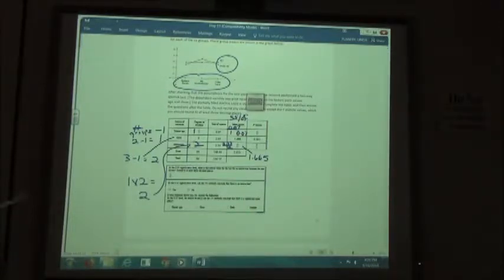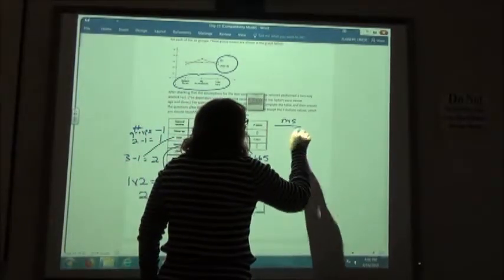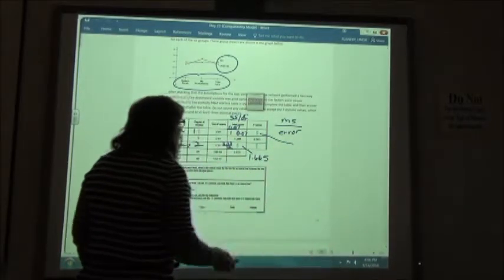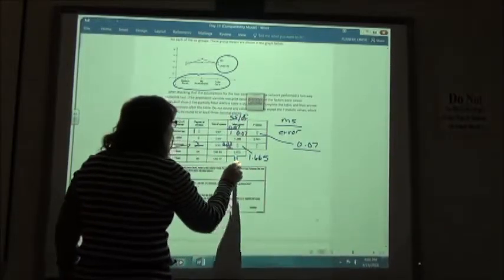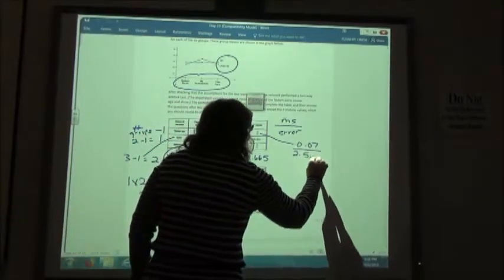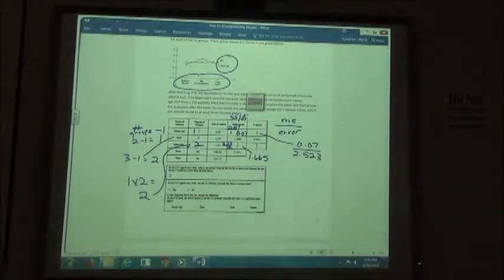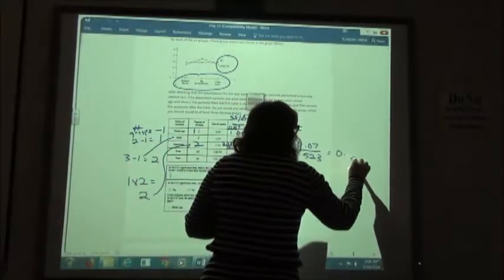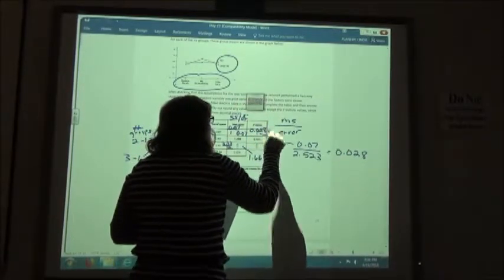Then for the value of our F statistics, we're going to take the mean square divided by the error number. So for this one here, our mean square is 0.07 divided by the error, 2.523. So you're going to take your 0.07 divided by 2.523, which is 0.028.